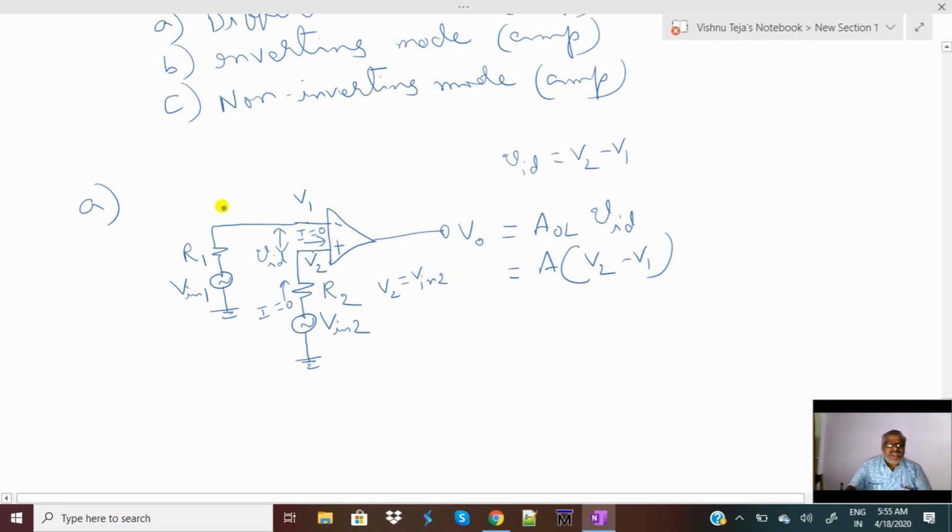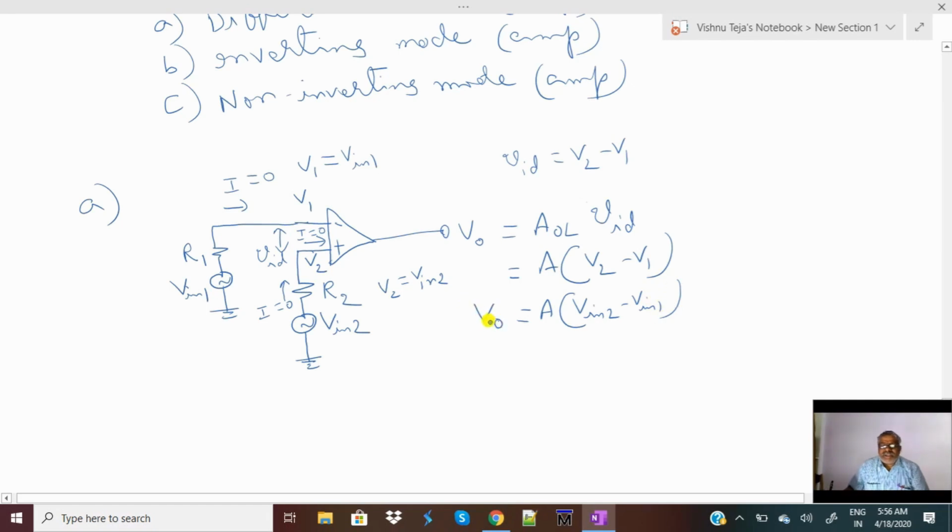In the same way, the current entering this inverting input is also 0, so the drop across R1 is also 0. So from this we can write V1 is equal to Vin1. So in this expression of output voltage, we can write V0 is equal to A times (Vin2 minus Vin1).